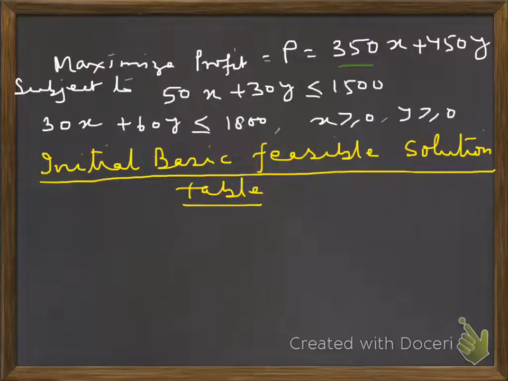We have seen in the graphical method that first we go for the feasible solution space and then within that we try to find out the optimum solution. In the simplex method also the approach is similar. First we find out a feasible solution table and then we will keep on improving on the objective function value.